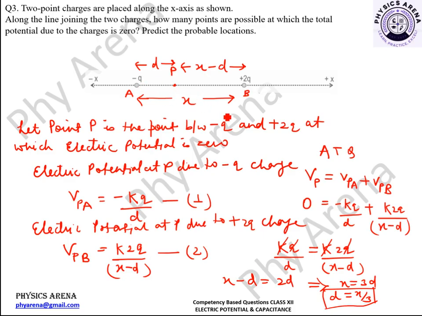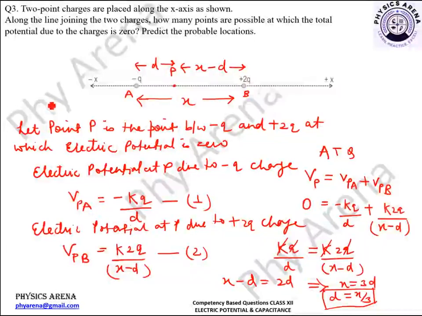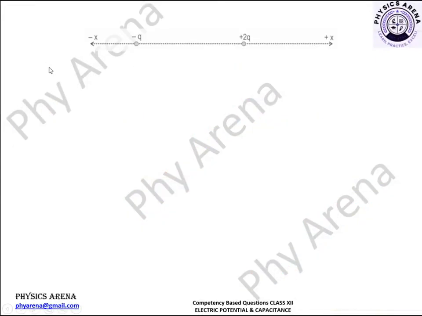Now for the second location, we need to redraw the diagram and then solve it out. So let's take the second location. Here we can see that this is a charge which is twice in magnitude as compared to the minus q charge. So if we take the point somewhat towards the plus 2q charge, there will not be a point at which the electric potential will be 0, because the effect of this charge will always be higher and the minus q potential can never cancel it.